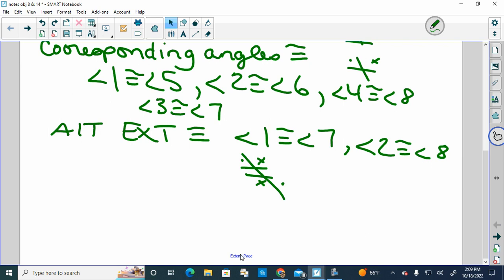So now let's do same side exterior. You look at your drawing, same side exterior. Do they look like the same angle sides? We don't know what the measurement is, but you have to keep them too.